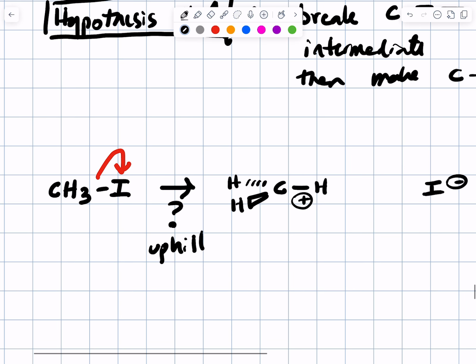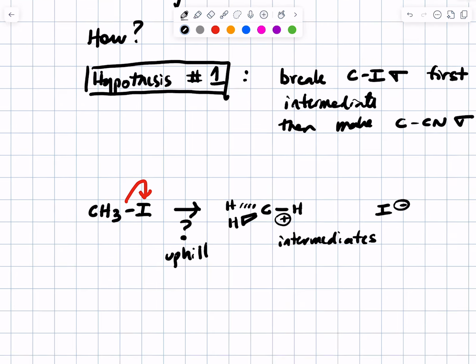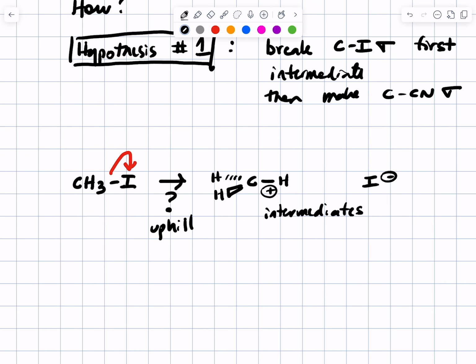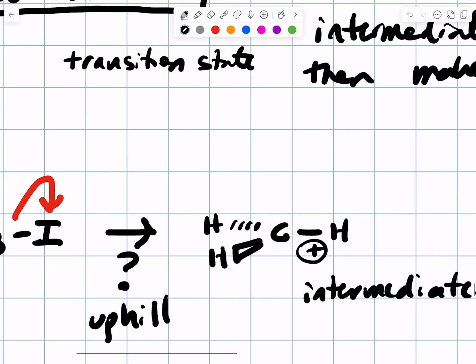Along the way, between our product and our starting materials and what we're calling our intermediates, the cation and I minus, there would be something called a transition state. And the transition state is an energy maximum. And it would look like this for our molecule. The reaction simply involves the iodide leaving.